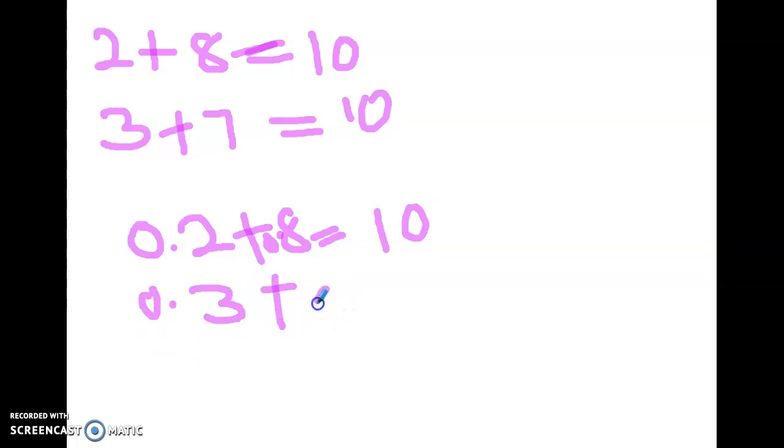Number sentences. Okay, so you can practice different number sentences like this.